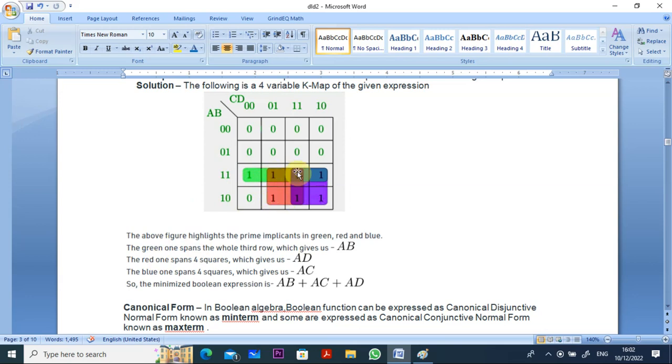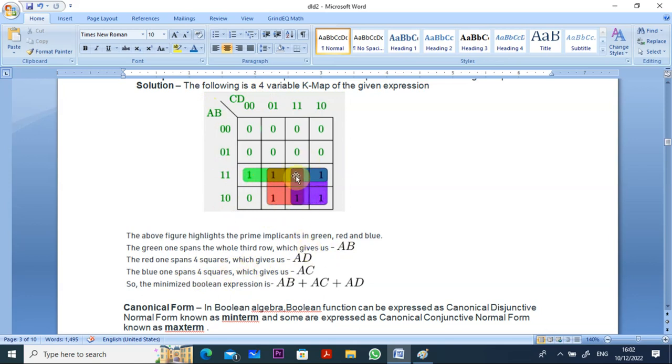Then while you are coming to the red color, can you see here? In these two, what is common? This one is common. What is one? One is equal to D. In these two, what is common? This column is equal to A. That means it is equal to AD. So in the four square, the red, in the four square here. You got it there.